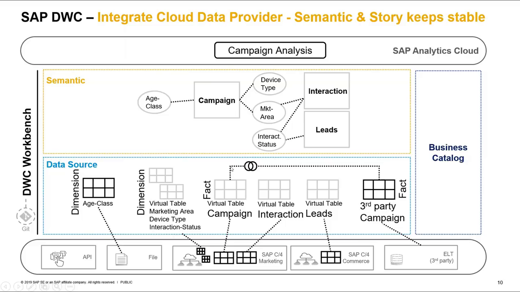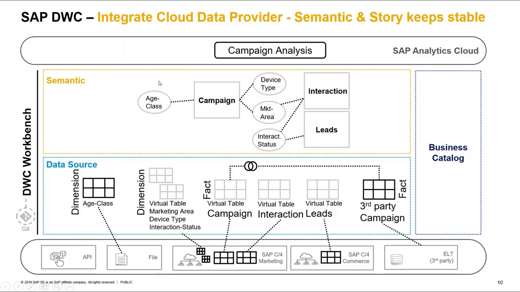And once we're integrating the data using a union or join, we're able to automatically connect the existing campaign semantic object to the integrated data set of the virtual table campaign pointing to the C4 marketing table and also to the newly loaded third-party campaign table.